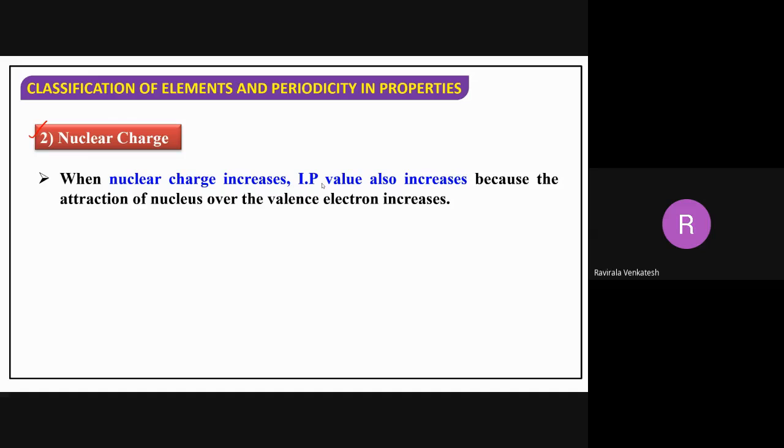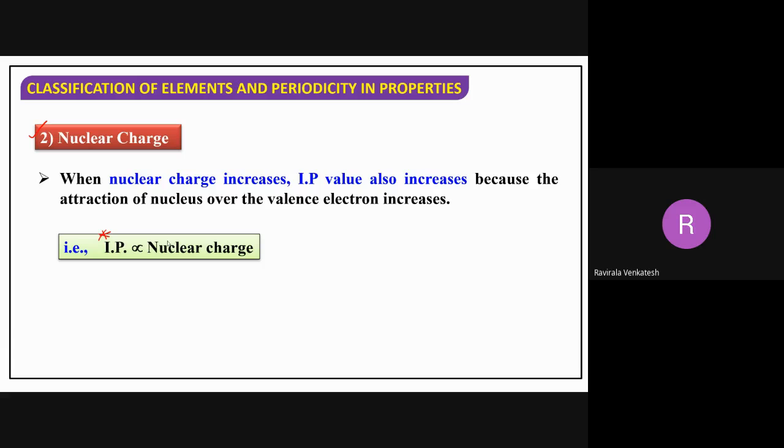So, the higher the nuclear force, the higher the energy we have to supply to remove the electron. So nuclear charge is directly proportional to ionization potential. In the first order, inversely proportional; in the second order, directly. Understood the concept? More nuclear charge, more energy is required to remove the electron.